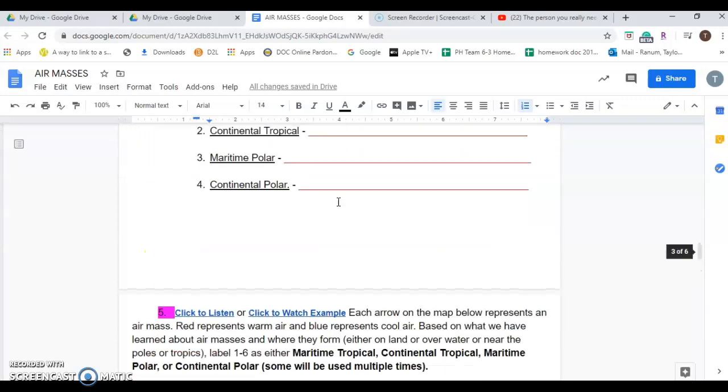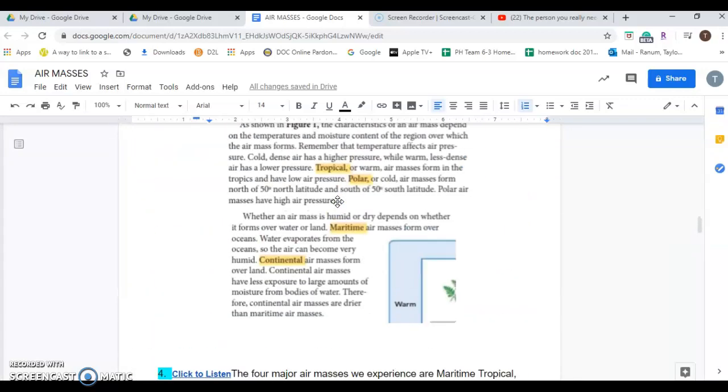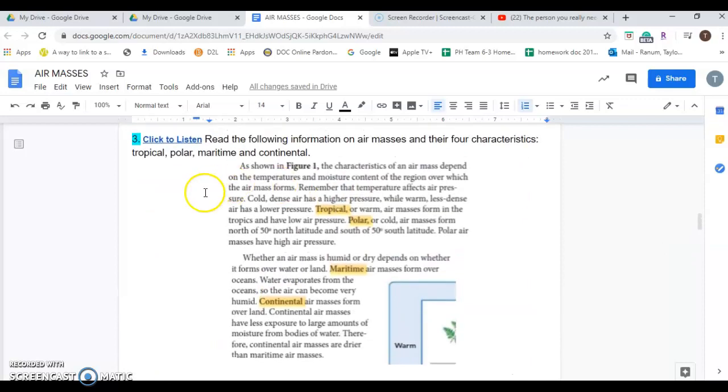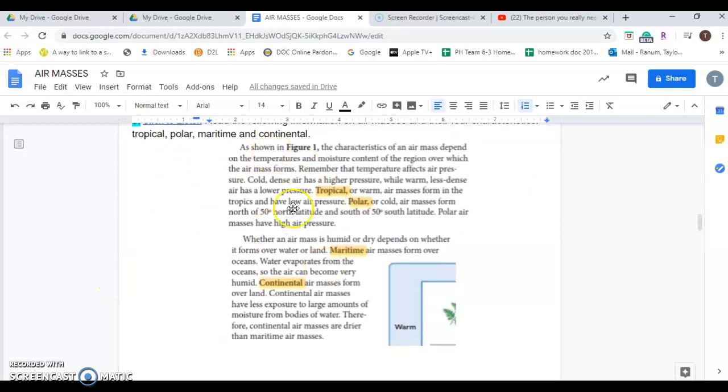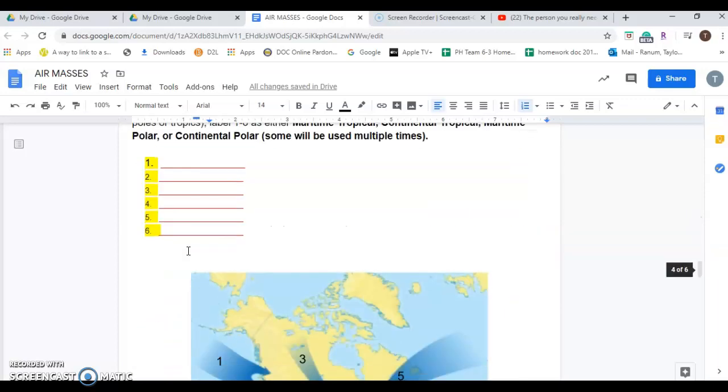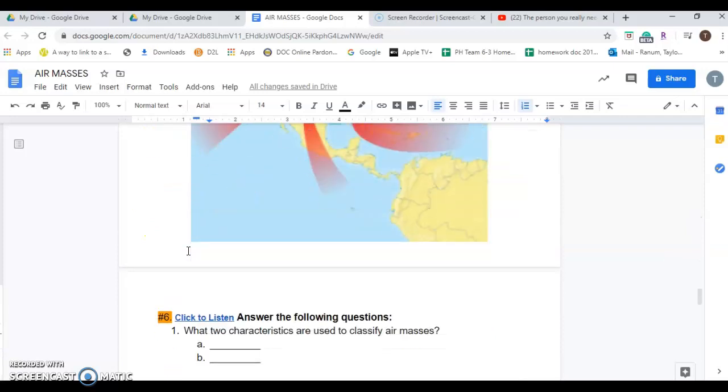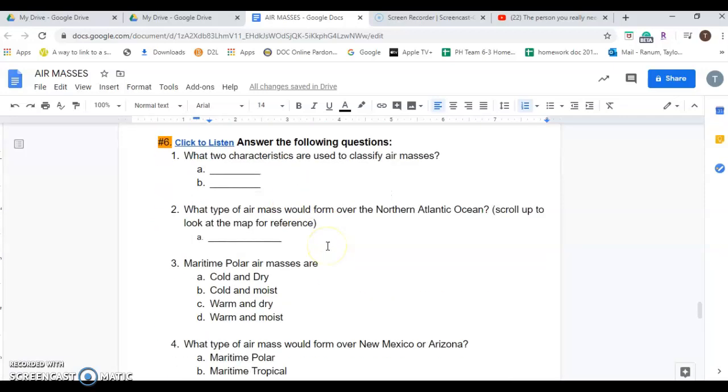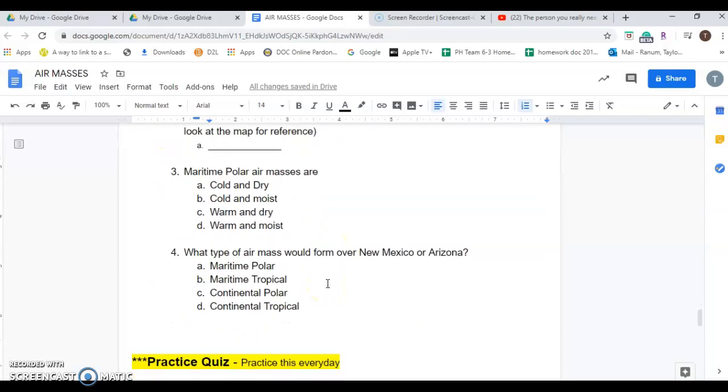If you need a little more review, come back up to number 3, these couple paragraphs. You're going to have to read about maritime and review polar, look at those characteristics and put them together, and they will be one of those options.